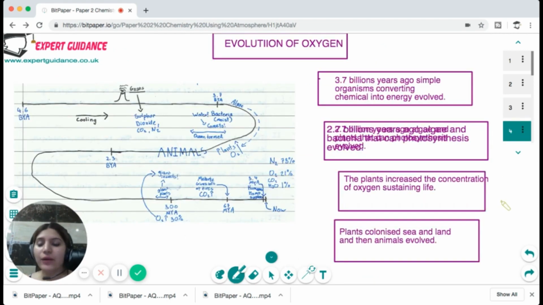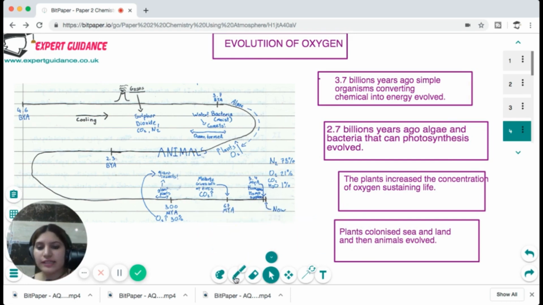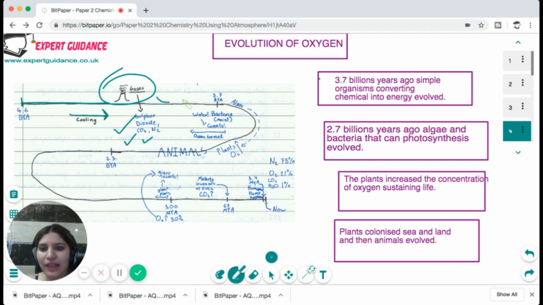Now, how did oxygen evolve? Oxygen evolved by the process of photosynthesis. If you see that flow chart, around 4.6 billion years ago, there were just gases like carbon dioxide, nitrogen, and sulfur dioxide. There was a cooling, and then the water bodies formed.